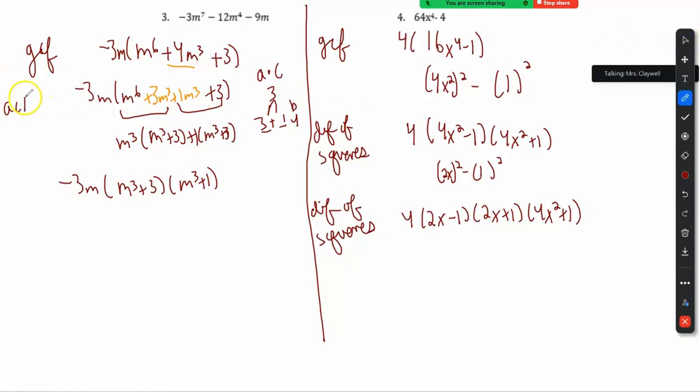Okay, then I did ACB tree. What I see here is something to the third plus something to the third, an m and a 1. So I'm going to do sum of cubes.